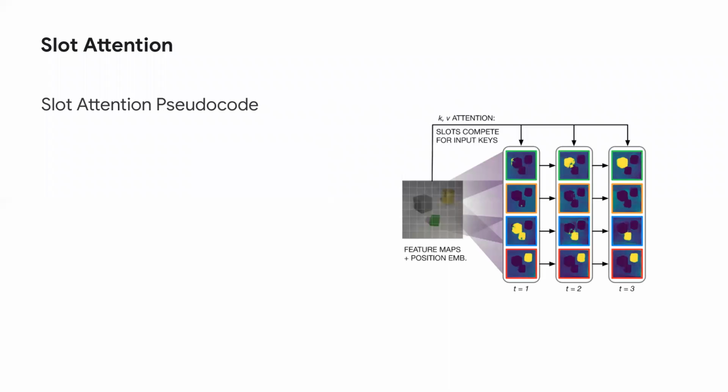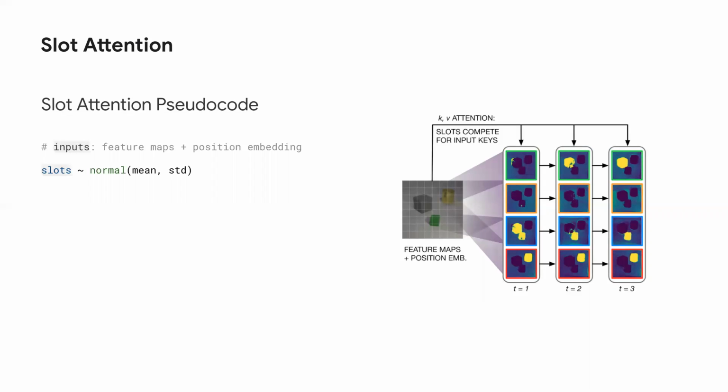So slot attention, to go a little bit more into the details, looks as follows. It takes as input the feature map, to which we add position embeddings. Then we initialize the slots by sampling them from a normal distribution, with a mean and standard deviation which we learn.